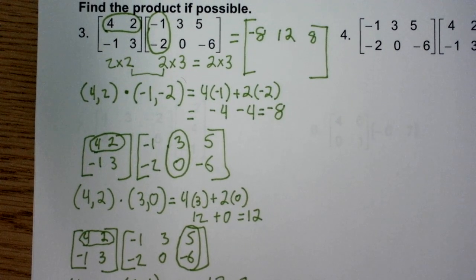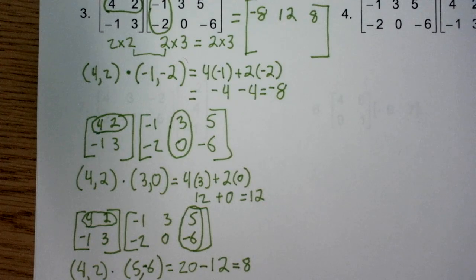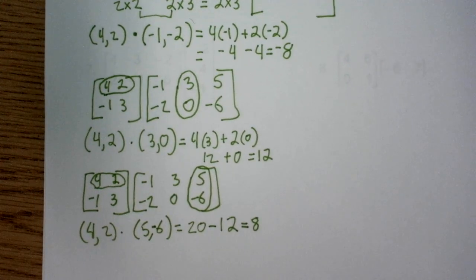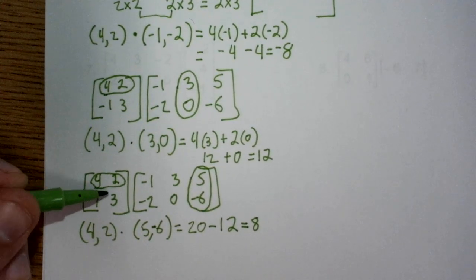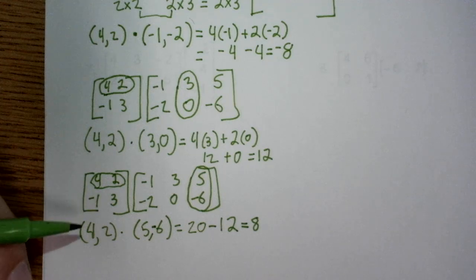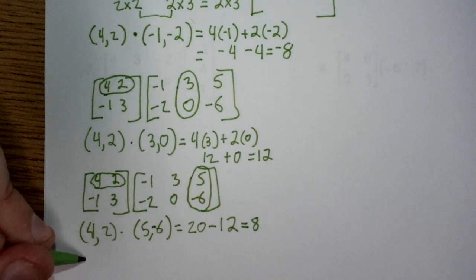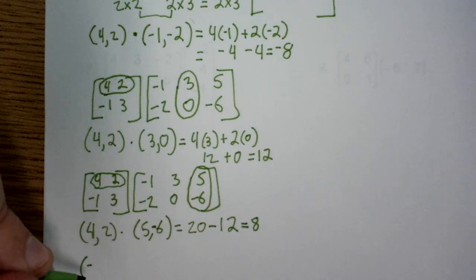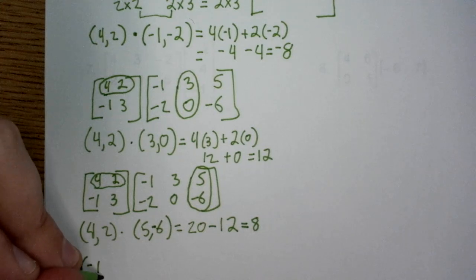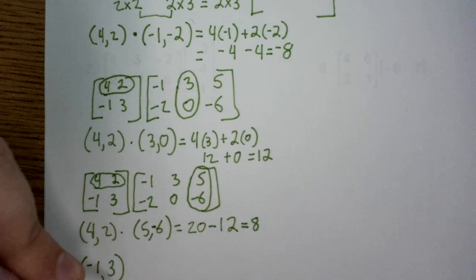Now I keep going. The next thing I'm looking at is my second row on the first matrix, and I'm going to start the whole process over again. So without writing it all out, let's just write out the multiplication we're doing.